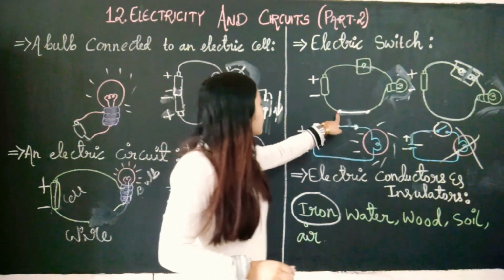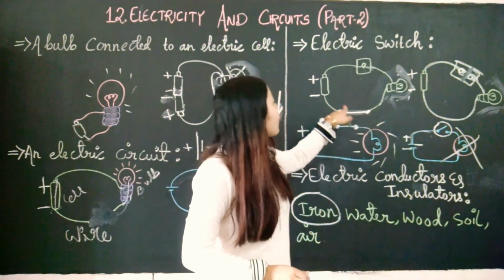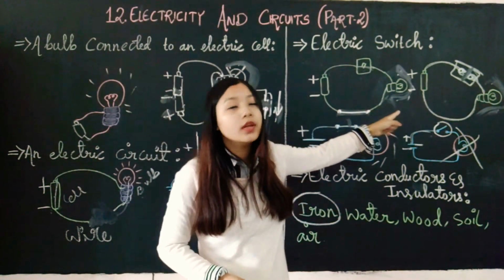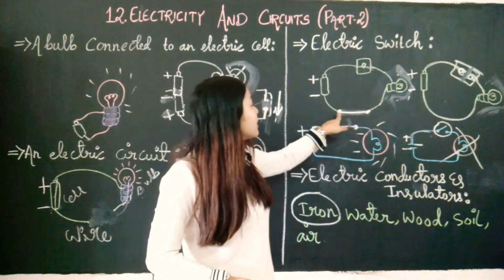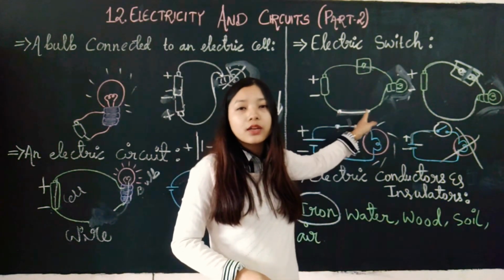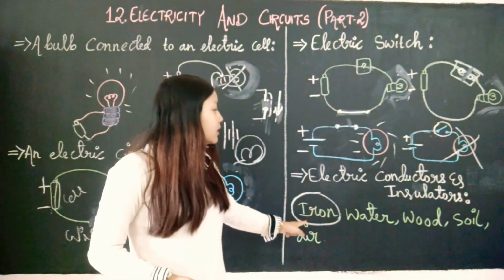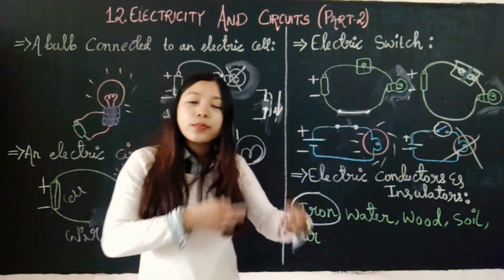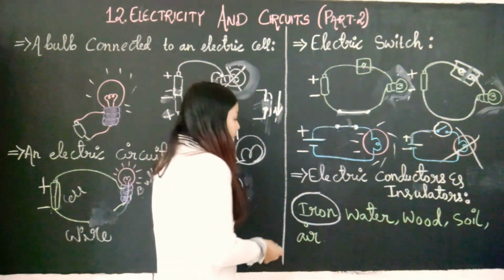If we connect both ends of the iron rod with this electric circuit, then also the bulb will glow. That means the iron is letting the electricity pass from one place to another, from its one end to its other end. So it is a good conductor of electricity as it is passing the electricity.